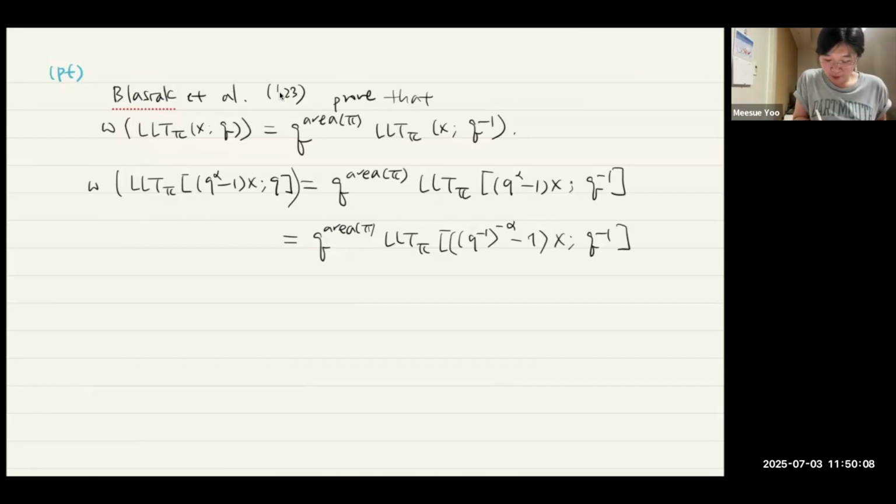And then we use the Carlsson-Mellit relation.